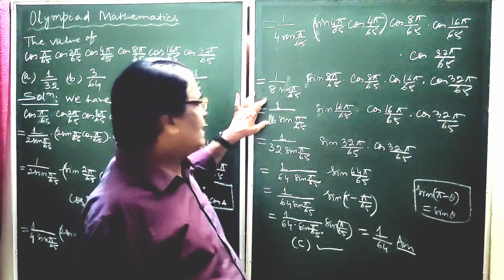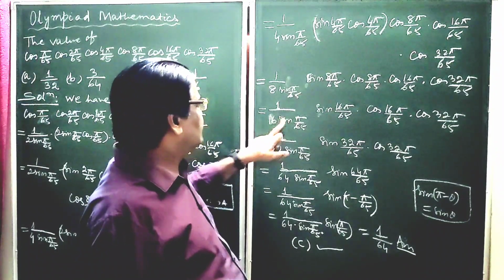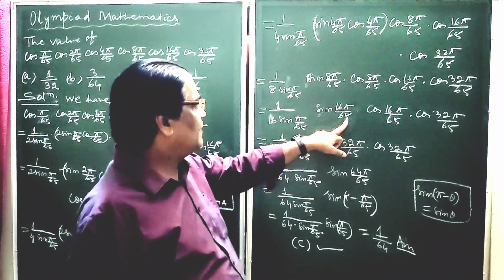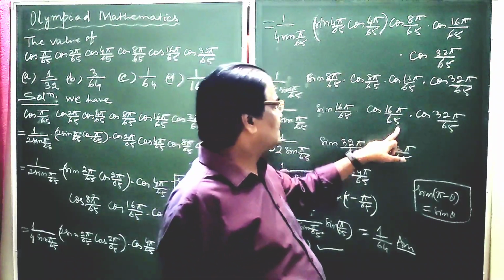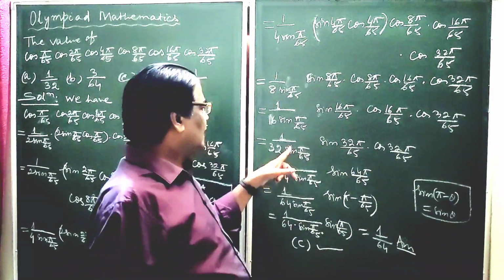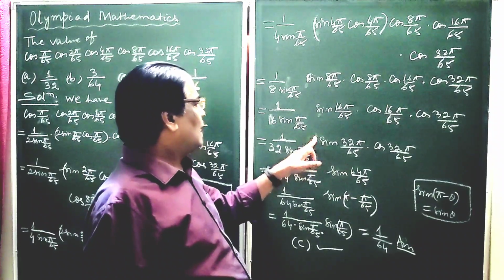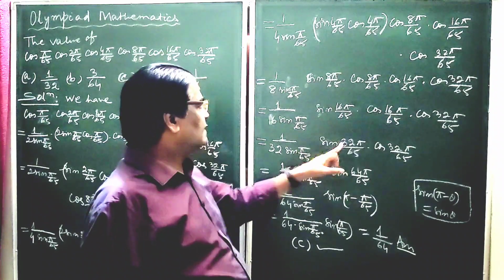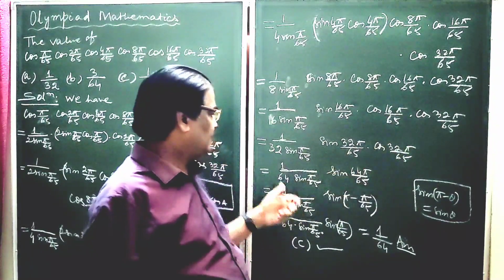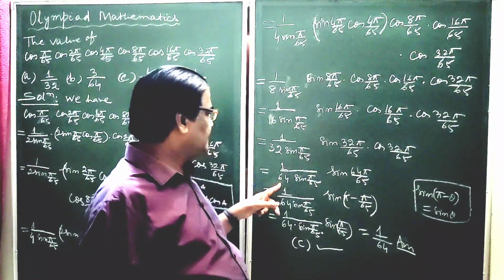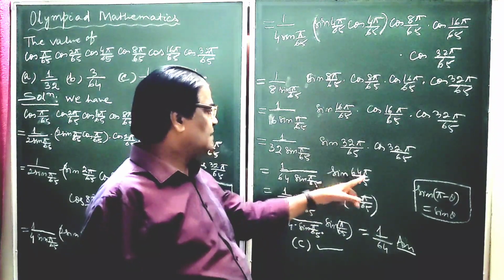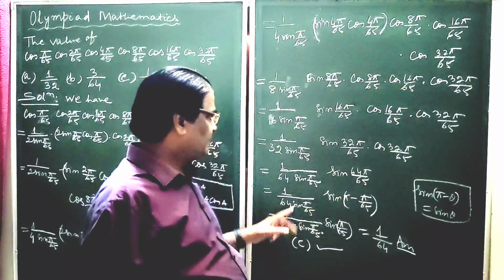Again multiplying by 2 and dividing by 2, we get 1 by 16, and this will be sin 16 pi by 65, cos 16 pi by 65, cos 32 pi by 65. Again multiplying 2 and dividing by 2, we get sin 32 pi by 65. This is cos 32 pi by 65. It becomes 1 by 64 sin pi by 65 into sin 64 pi by 65.